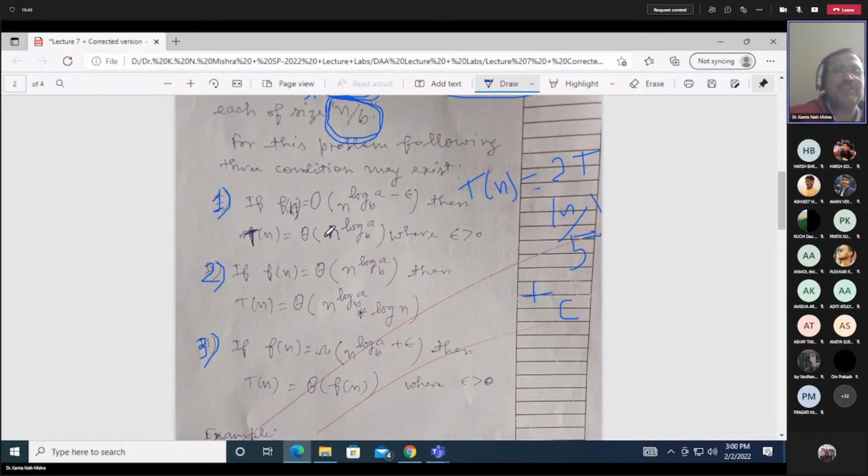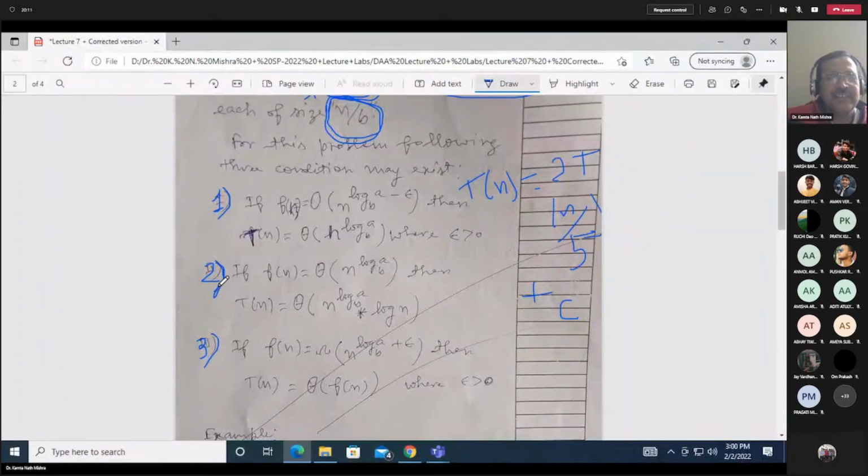So you see, just these three things you need to remember. At one place, minus epsilon is there. In second condition, what is the value of epsilon?